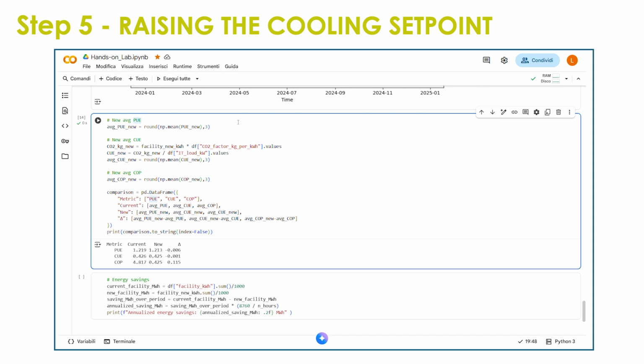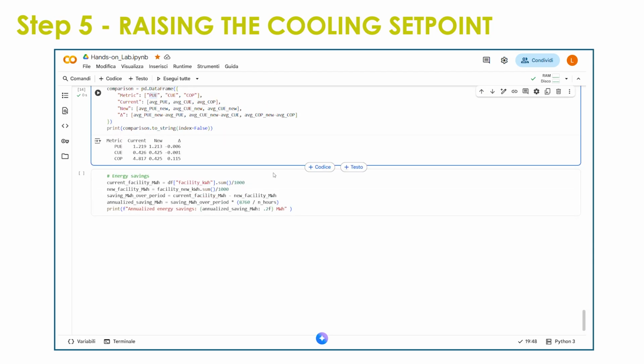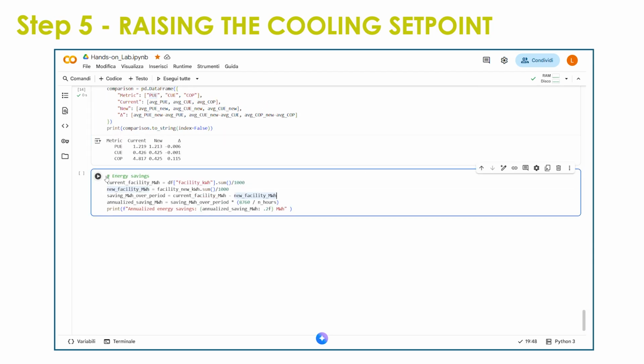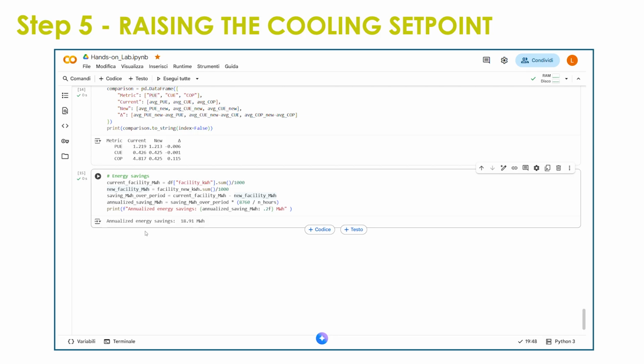In terms of PUE, there's a slight decrease, as well as the CUE, while we have an increase of the COP, since the cooling system in this case is more efficient because we have raised the set point. As a final consideration, we can also evaluate the total energy savings and analyze them. In this case, by raising the set point, we are able to achieve annualized energy savings of about 19 megawatt-hours.